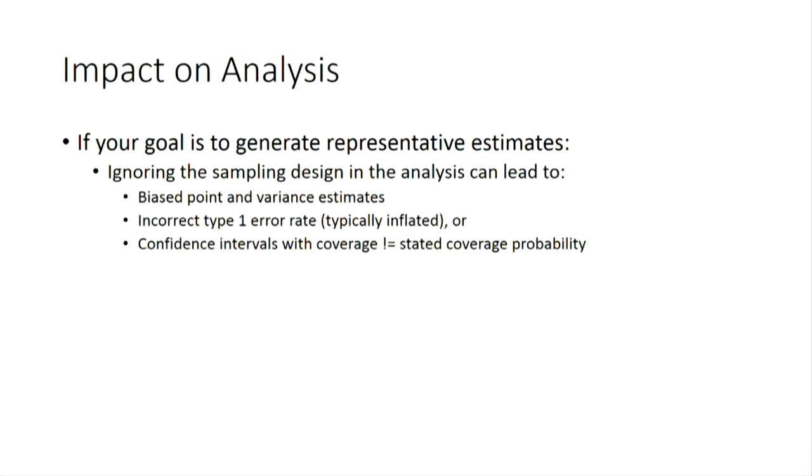Or you might think that you have a much narrower confidence interval, much greater precision in your estimate, than what you really do. Or if you're calculating p-values to do a hypothesis test, you'll likely have an increased type 1 error rate, meaning that you're going to reject the null hypothesis more often than the error level you set.